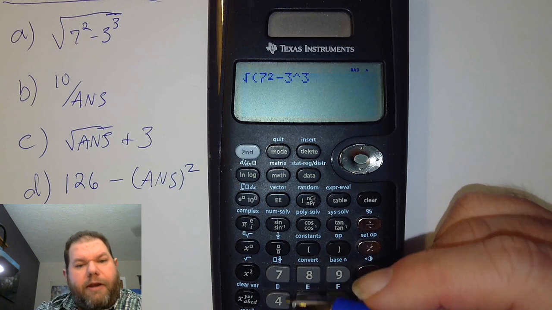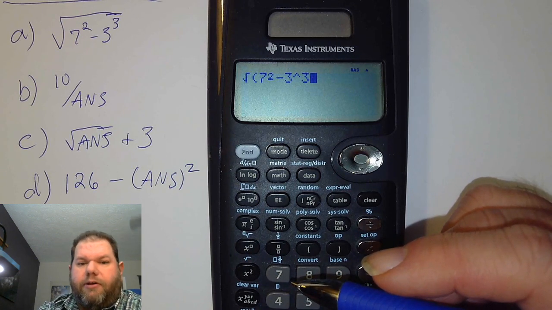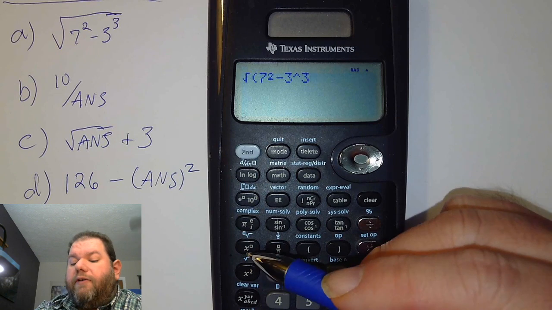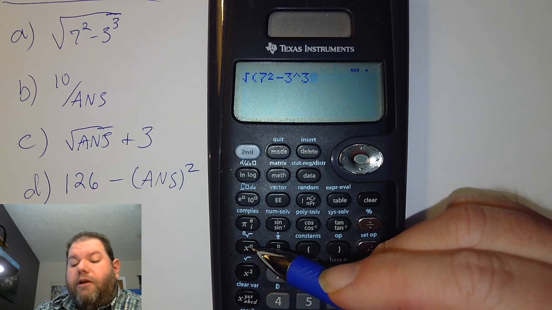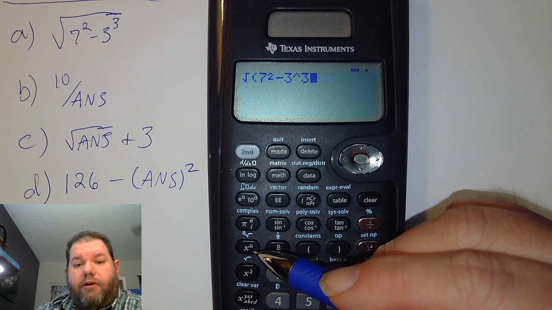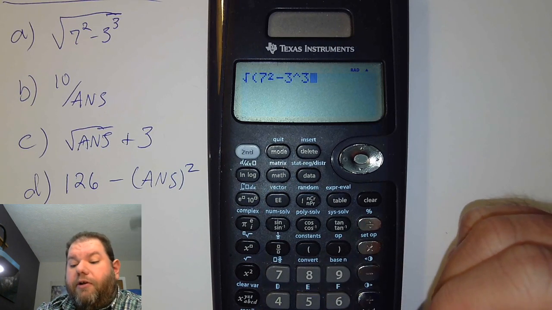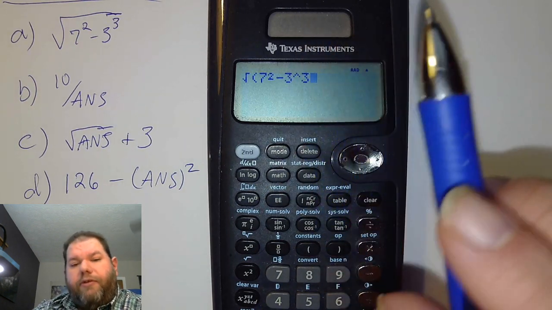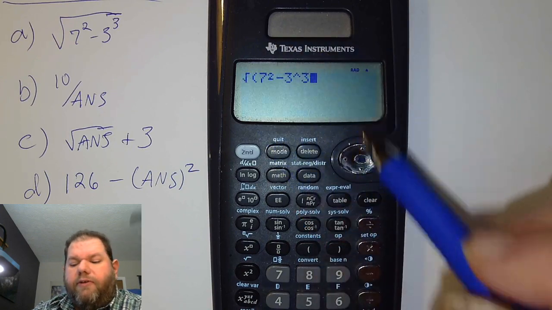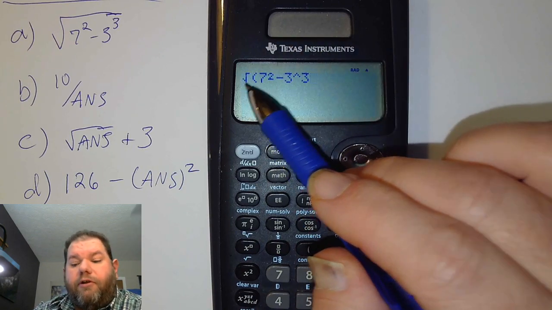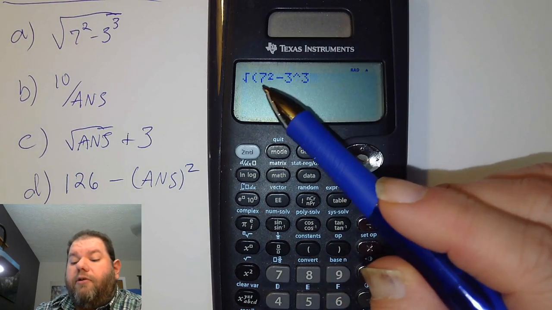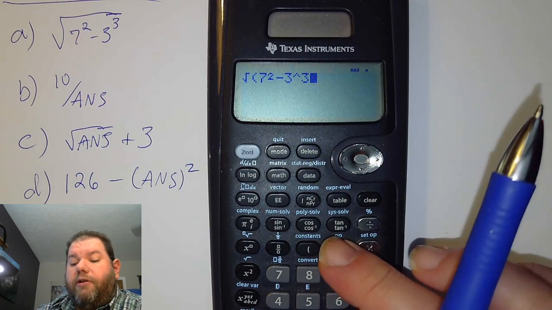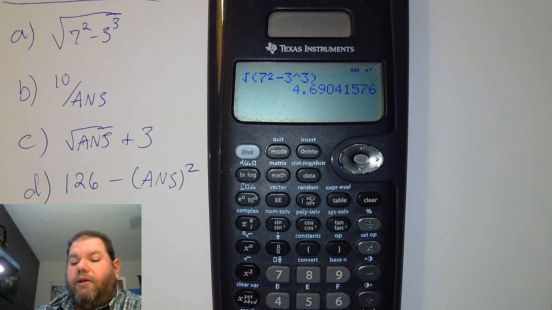Some calculators may actually have an x cube button, but a lot don't. And instead, we needed to raise it to a power. So I press 3, and then here's the power button, like to raise it to a power, and then I press 3 again. And the other thing we notice is that when on this calculator I press square root, it opens a parentheses. And so after I entered the expression, I close the parentheses, and it gives me the value.